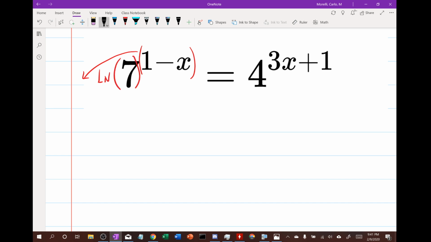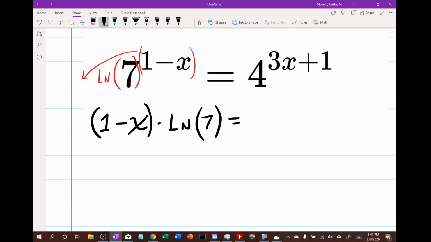Okay, so what that turns into is 1 minus x times the natural log of 7 equals, same thing here, bring this guy down, and then take the natural log of 4. Okay, so we'll bring down 3x plus 1 times the natural log of 4.